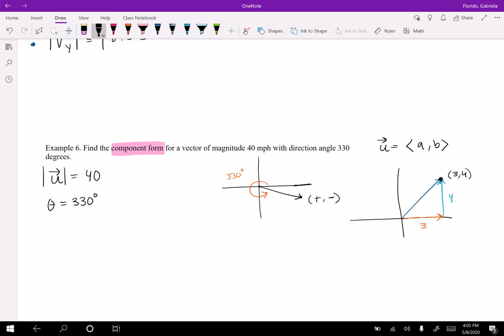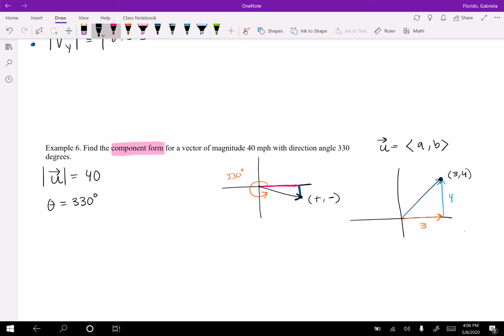The length of my horizontal component is going to be the same as the x coordinate of my point. And the magnitude of my vertical component, that one's going to be positive, but if we make it negative, that's going to give us the terminal point here.